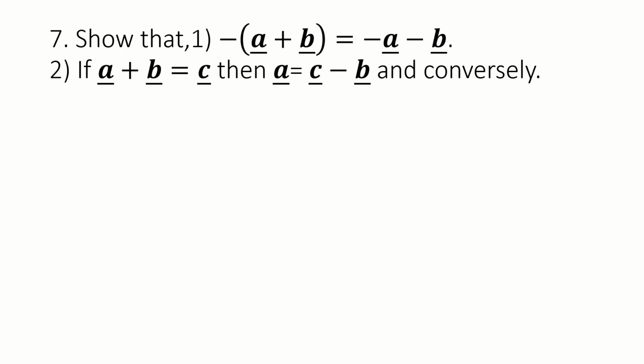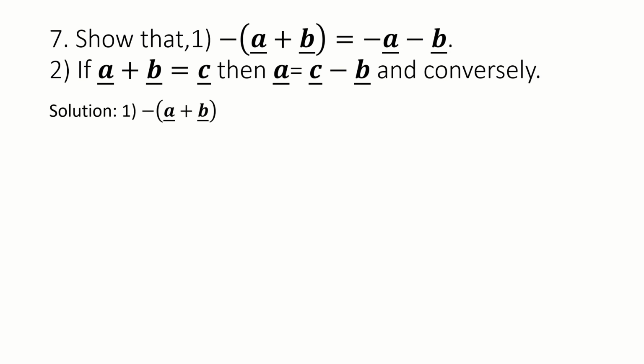7 number: show that 1, minus (A vector plus B vector) equals minus A vector minus B vector, and 2, if A vector plus B vector equals C vector, then A vector equals C vector minus B vector, and conversely.